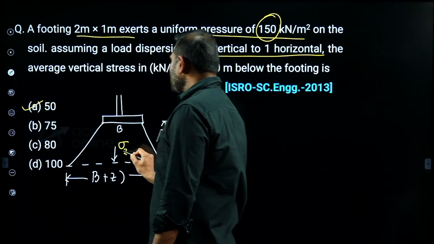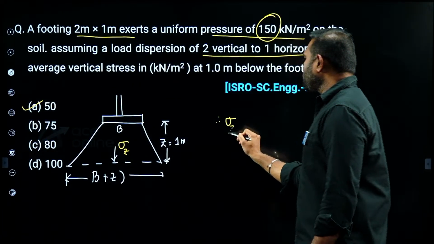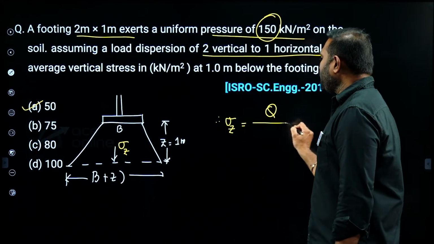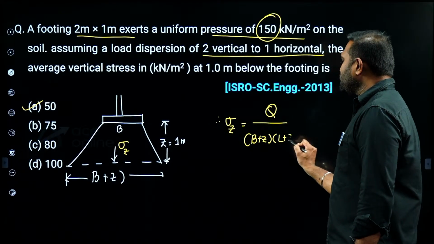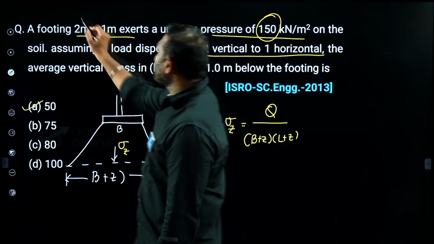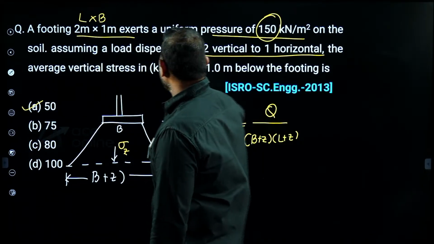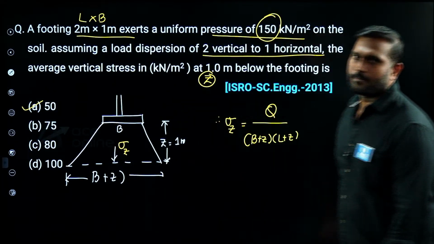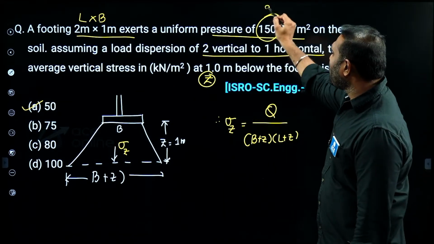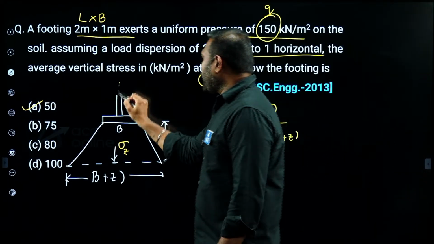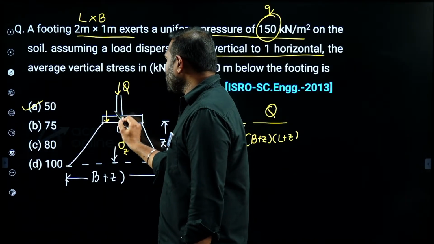Now sigma Z is equal to capital Q by, as it is a rectangle, (B plus Z) into (L plus Z). So this is a rectangle L by B, and Z is 1 meter over here. But do I have the point load? No, I have the pressure. So I want the point load, but they have given the pressure.